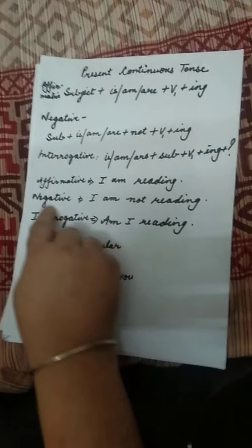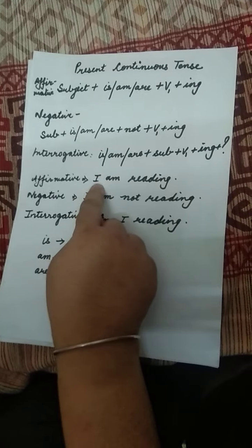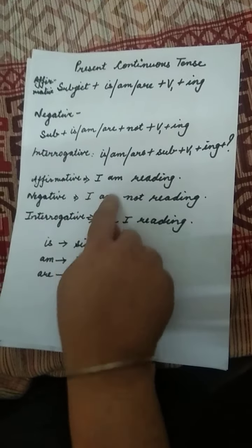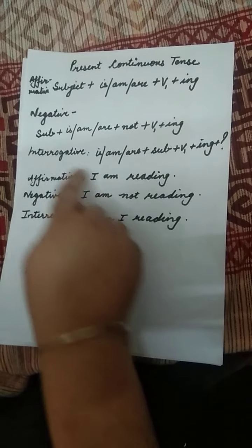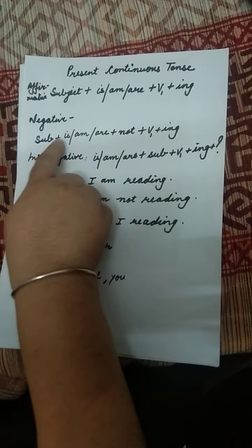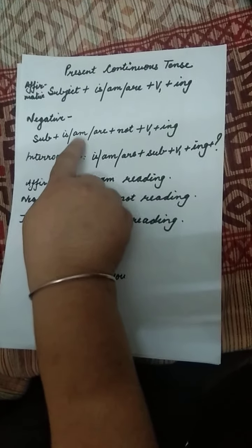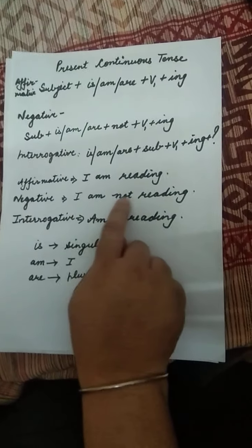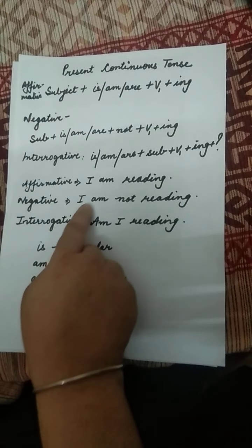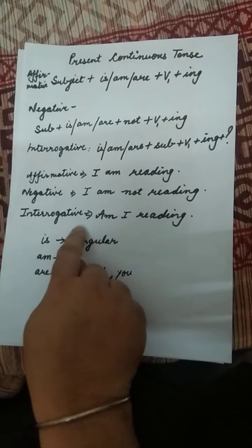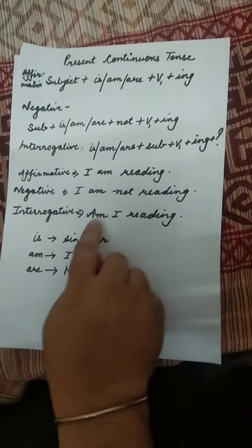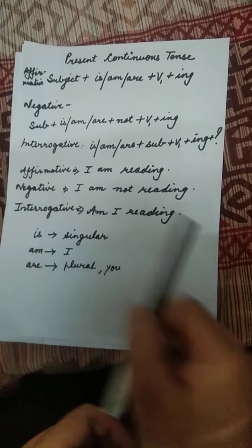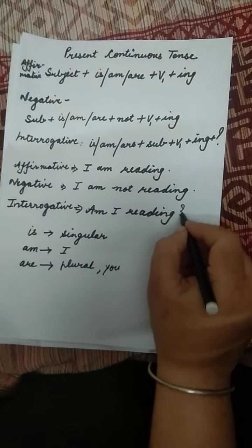Then when we want to change the affirmative sentence into negative, then I am not reading. After the helping verb we will use not. If we want to change the same sentence into interrogative, then it will start with the helping verb: am I reading, and with this we will write a question mark.